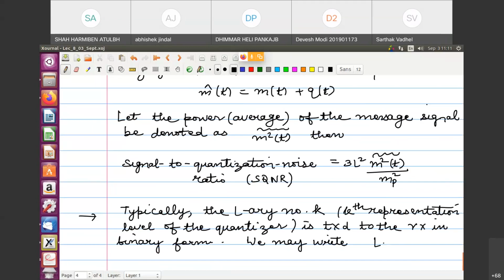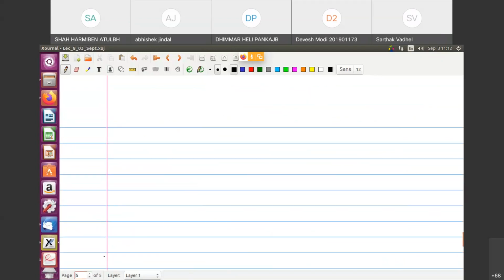L is equal to 2 to the power R, or R is equal to log n to the base 2. And what is R now? R becomes the number of bits per sample, because each sample after quantization will be represented by R bits.